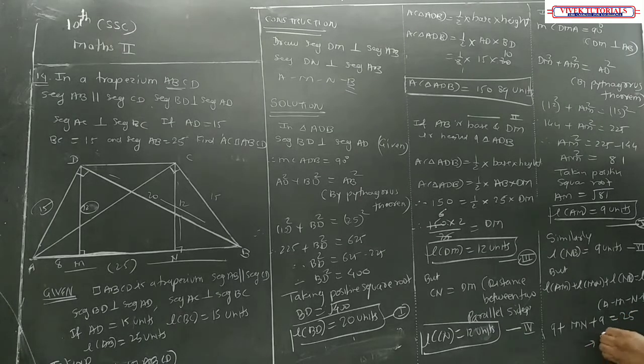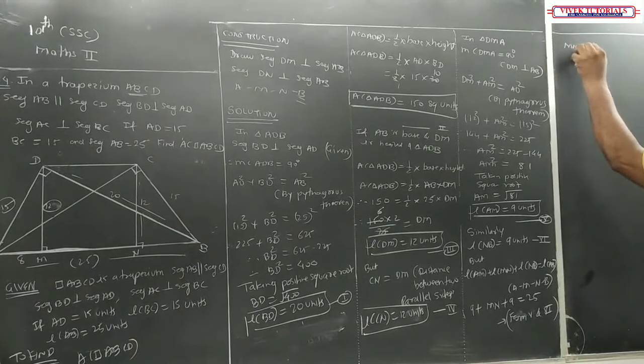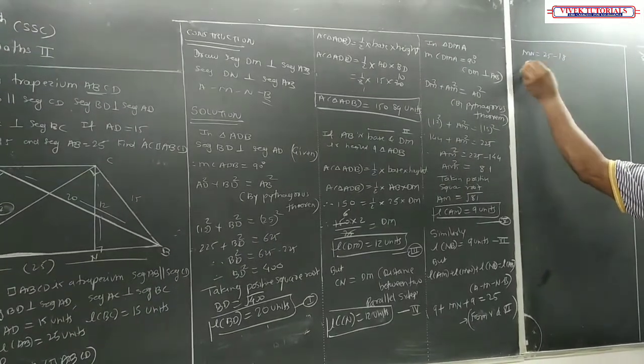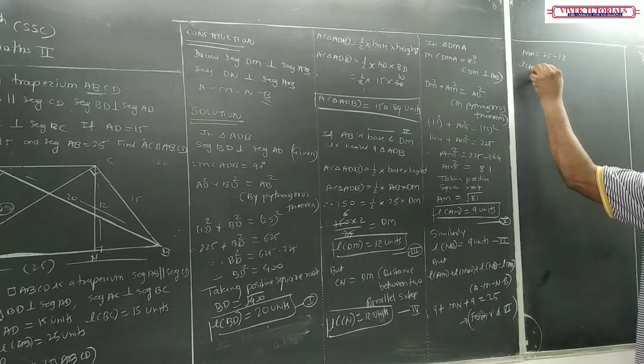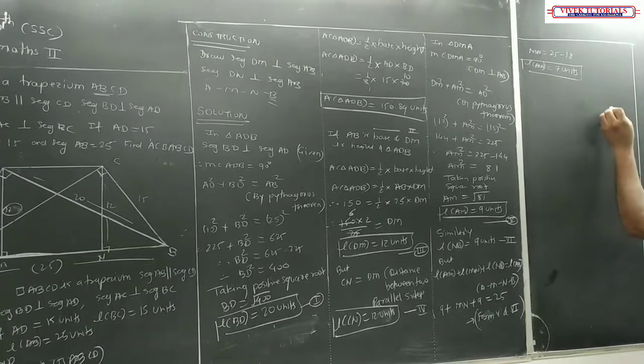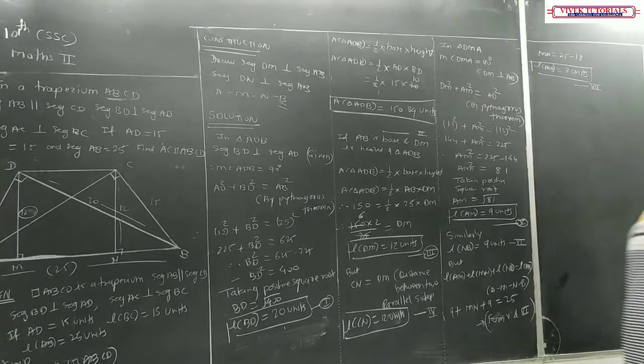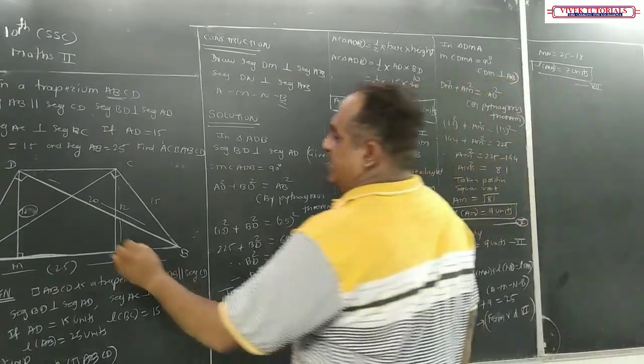That is from 5 and 6. So MN is equal to 25 minus 18. Length MN is equal to 7 units. This will be your equation number 7.